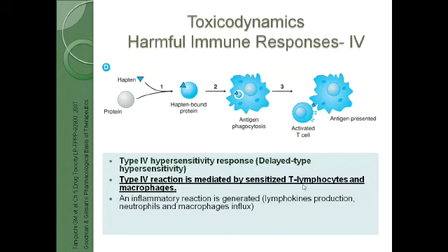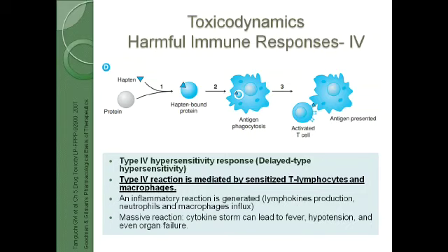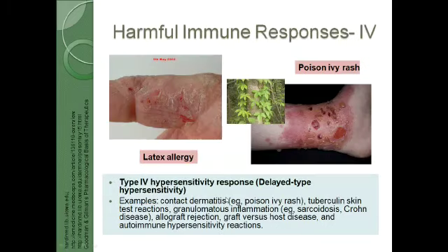Then, when T lymphocytes are activated, lymphokines will be produced, and neutrophils and macrophages will be chemo-attracted. And if there is a massive reaction, a cytokine storm, it can lead to fever, hypotension, and even organ failure.